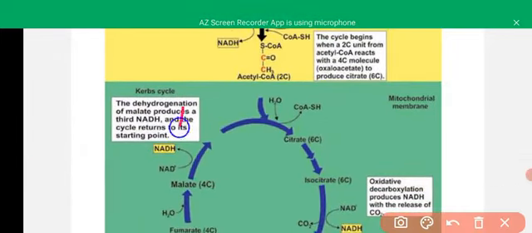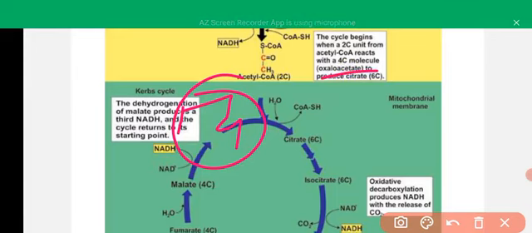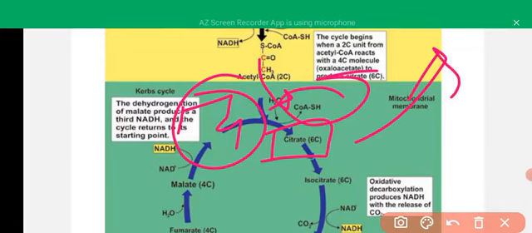Here is our 4 carbon compound oxaloacetate, which reacts with acetyl coenzyme A and is converted into citrate, and coenzyme A is also recycled and reused for further pyruvate oxidation.